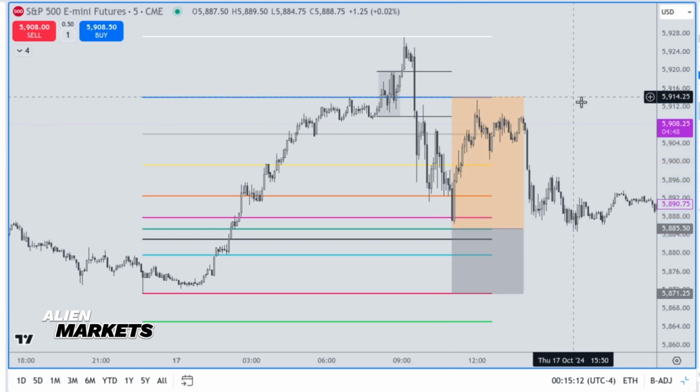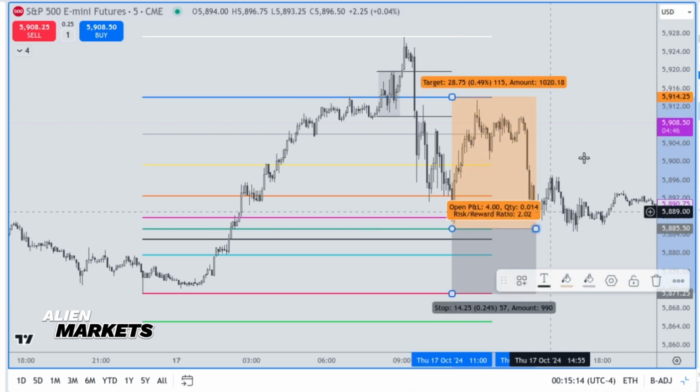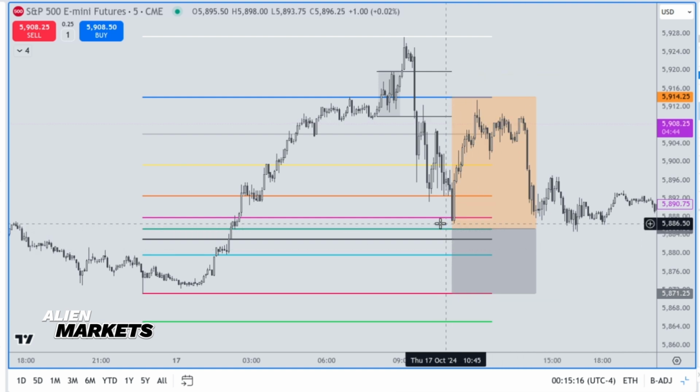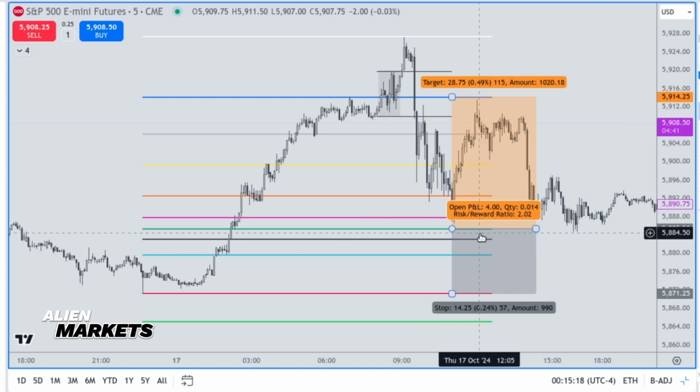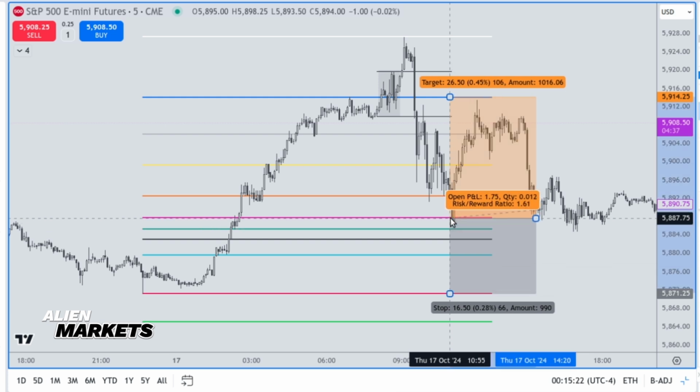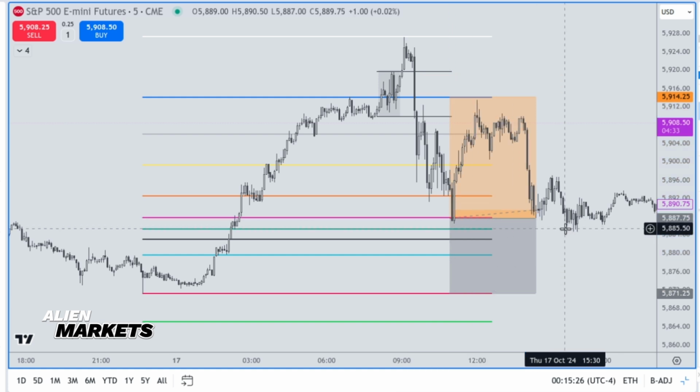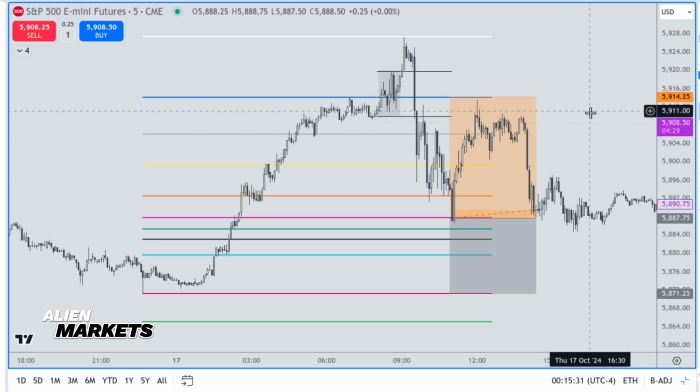But you would say, okay, it didn't work, it didn't enter here, right? But I usually take a second order right here on the 70.5%, right?